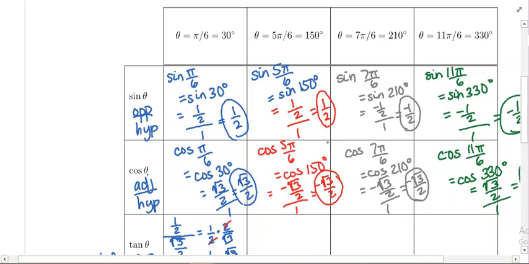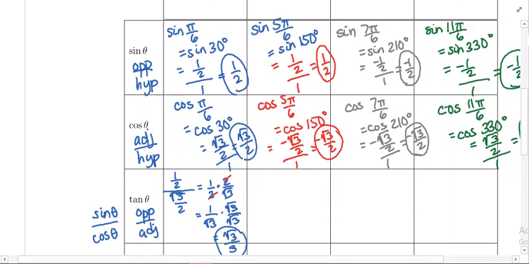You're going to get very similar answers to what you did for pi over 6, but the sign might be different, because remember, I'll do one more here. If you're looking at the tangent of 5 pi over 6 in this column, you would take the sine and divide it by the cosine. The cosine's negative here.